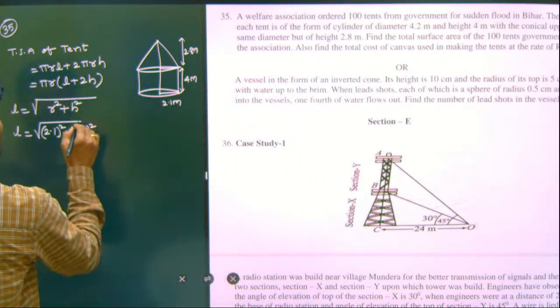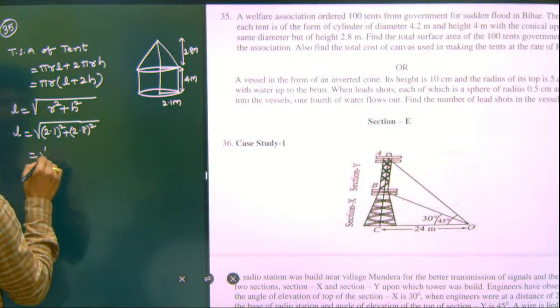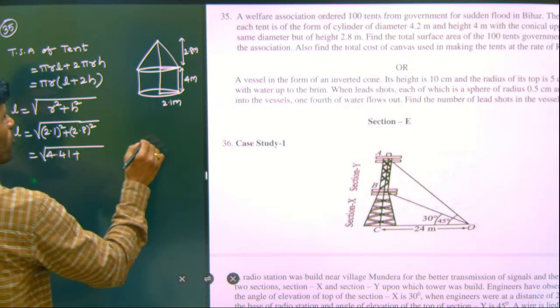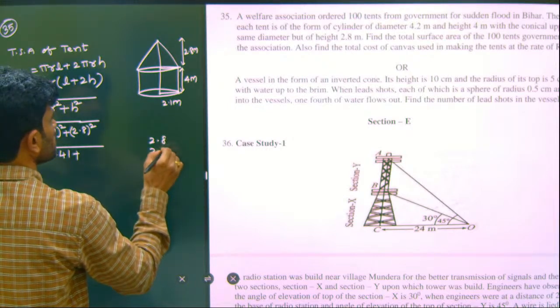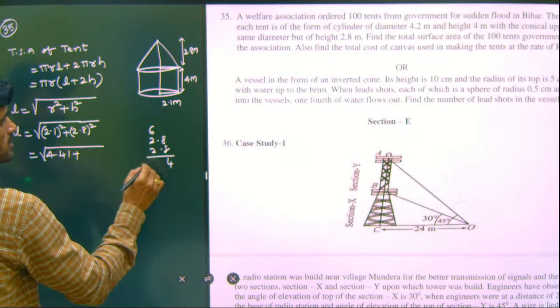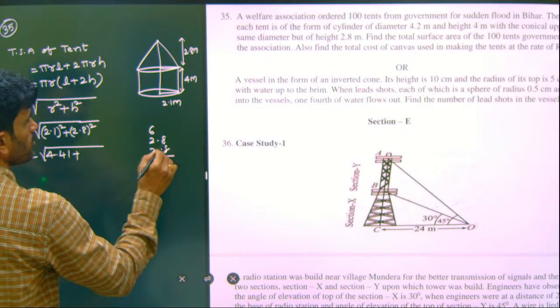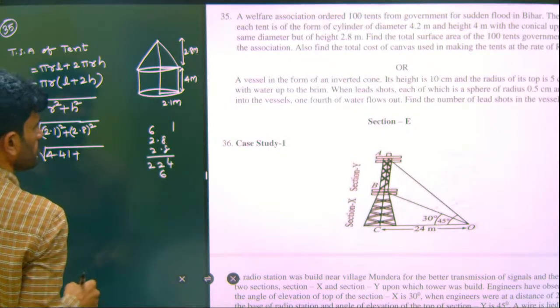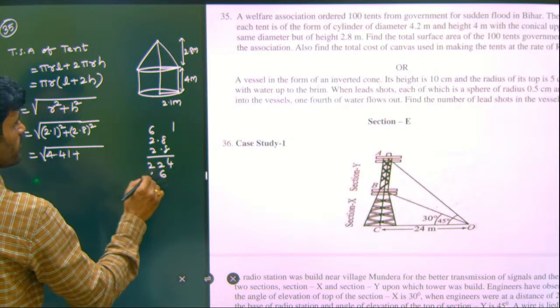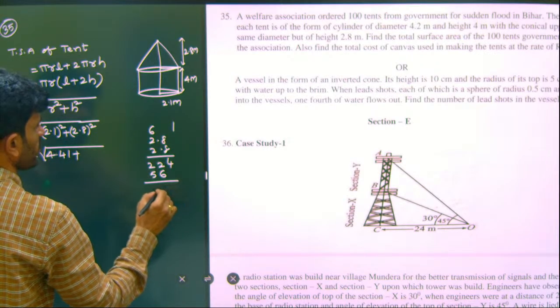Then what we get here? This is 4.41 plus 2.8 whole square. 8 8s are 64, 6 8s... 784.